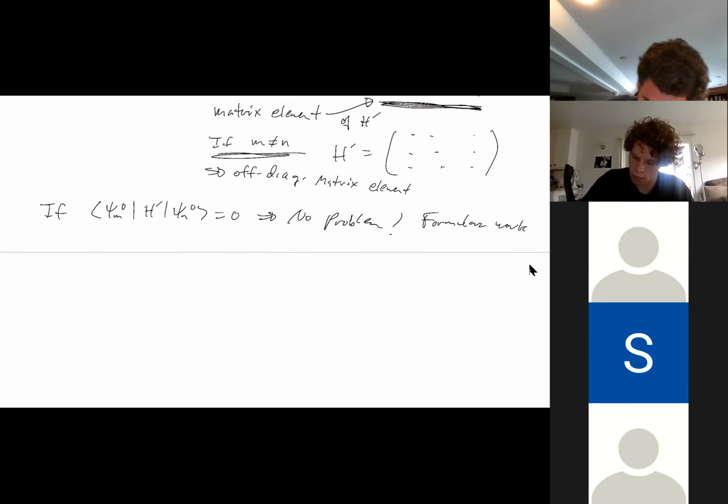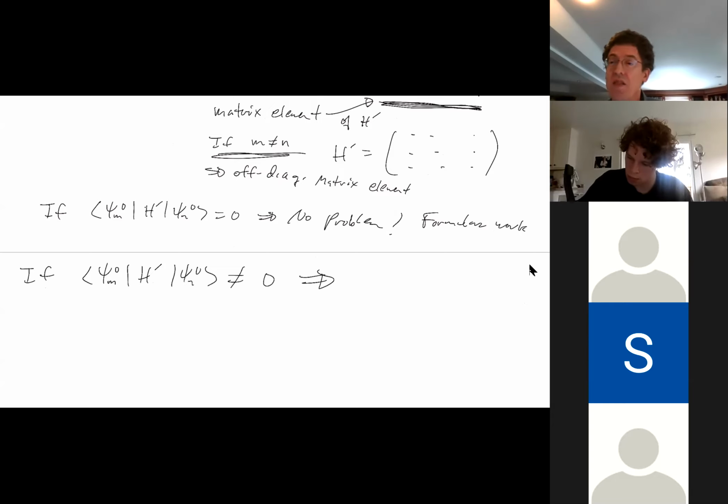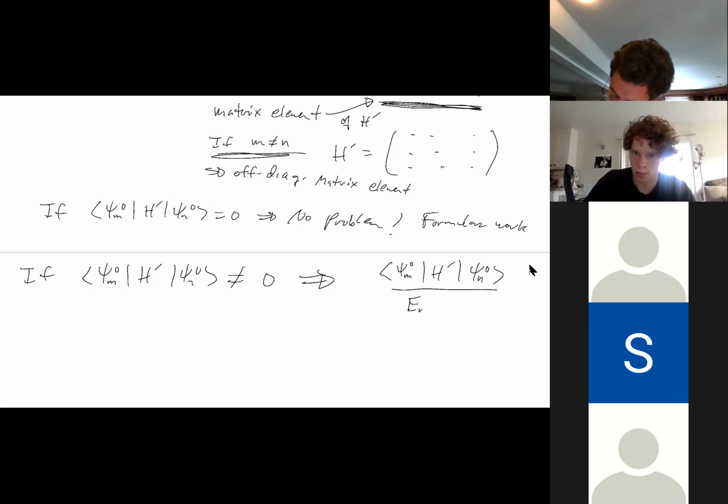But now let's go to the horrible case. On the other hand, if psi m naught H prime psi n naught does not equal 0, then what? Now I have this horrible problem that these formulas have this term in them: H prime psi n naught over E n naught minus E m naught.